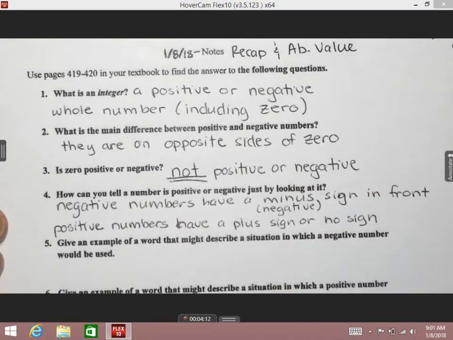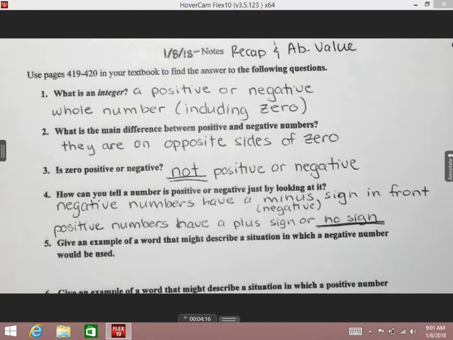Which one do we prefer? No sign. We prefer just writing no sign, because a positive number, those are the numbers that you first learned to count with. When you were learning to count, did you learn to say plus 1, plus 2, plus 3? No, just 1, 2, and 3. So we're not going to write in a plus sign. If you ever see it with a plus sign in front, sometimes they might write it like that in a textbook or on a worksheet, but we're not going to write that in our final answer because it's not necessary.